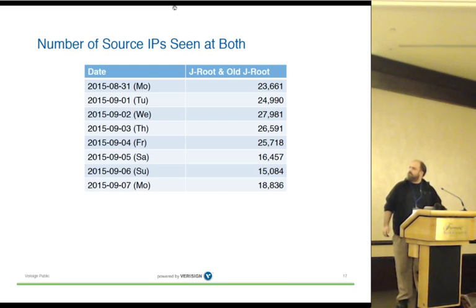So maybe we can find something in who queries both. Now, obviously, we can't really deal with NATs this way, or if there's spoof traffic hitting both. But it seemed a pretty good look at that oddity of who would get the new address and the old address at the same time.